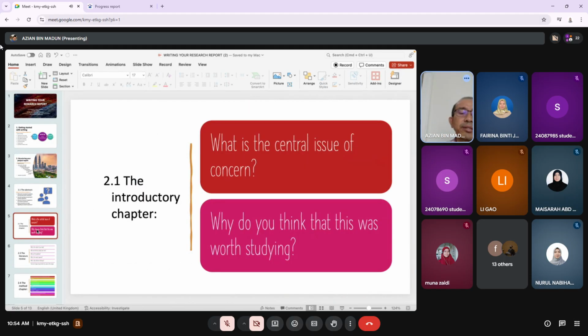So again, let me recap. Just because this particular study has not been studied before, I want to study that. No, that's not how you frame your idea. The way you frame it is that this particular issue is important because something is missing.